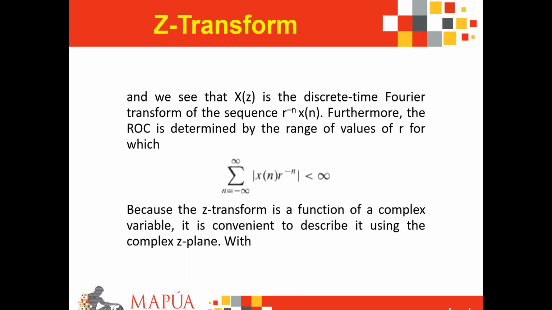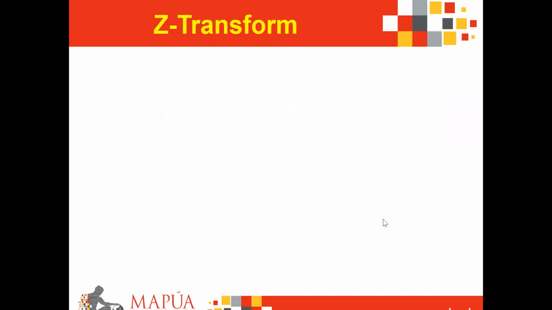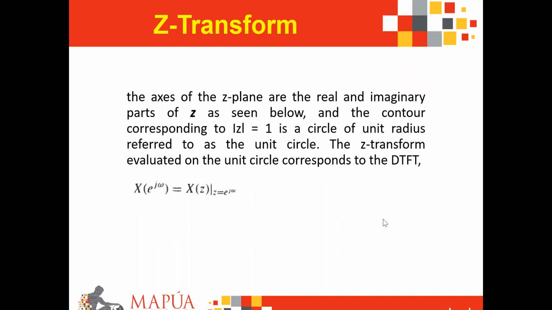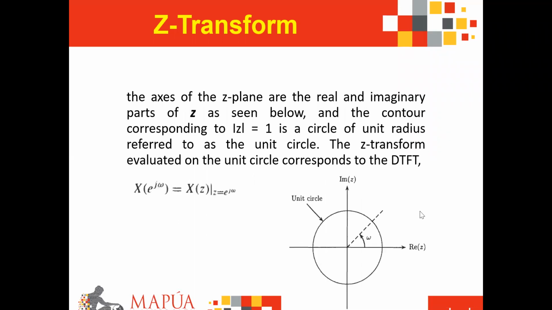So when you mark them on your region of convergence, your complex value will be reduced to something like this, and your unit circle would be like this.